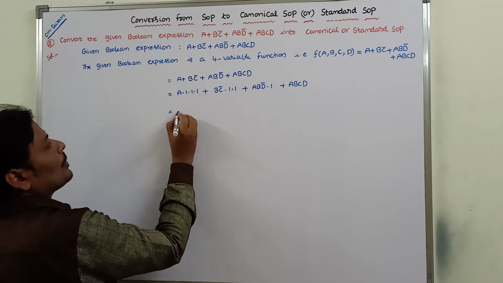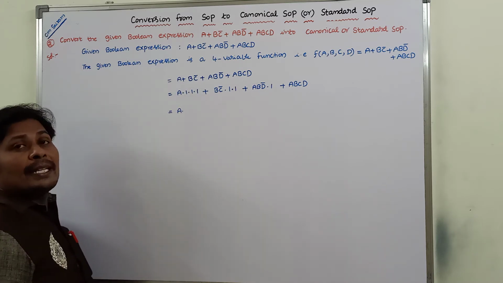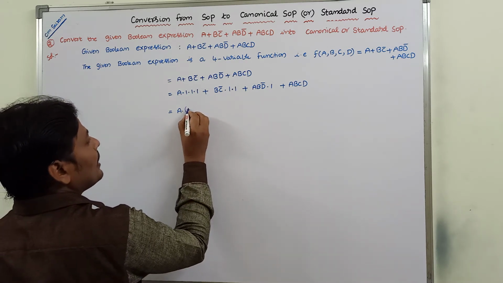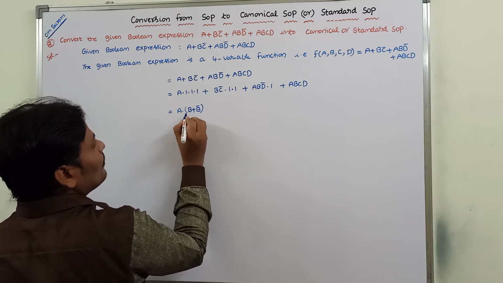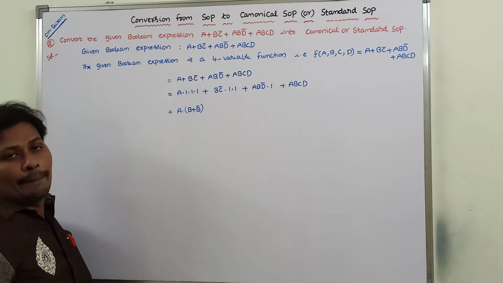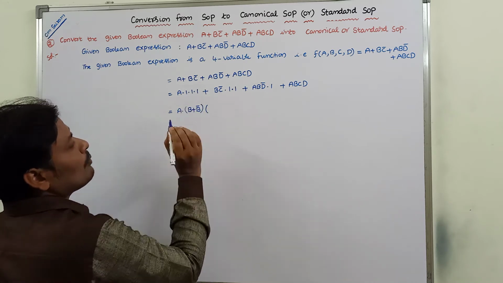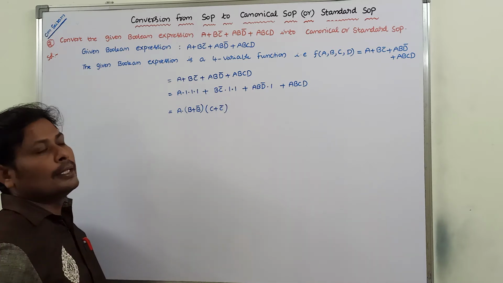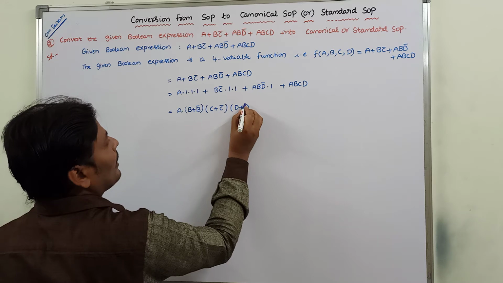Next, a into. In the first term, the missing variable can be written as that variable and its complement summed: b plus b bar, c plus c bar, and d plus d bar.